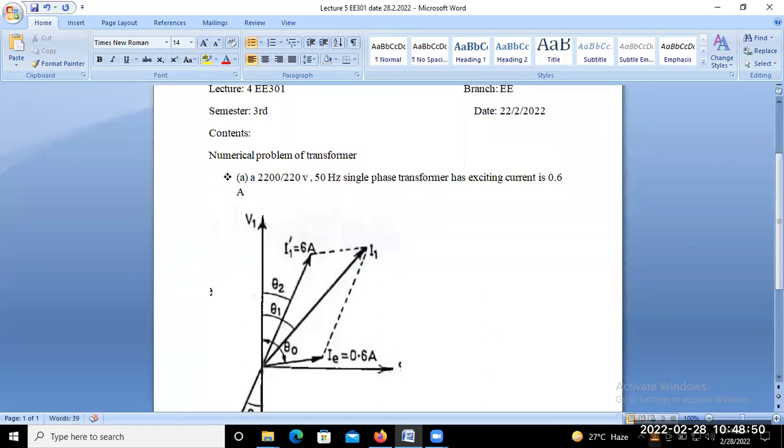And core loss of transformer is 361 watt, in its HV winding, and its HV winding energized at rated voltage.